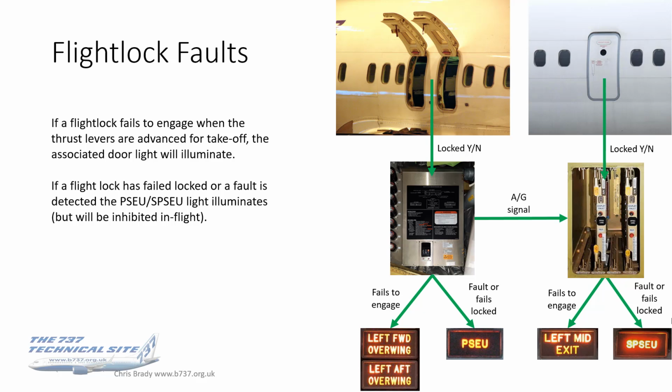If a flight lock fails to engage when the thrust levers are advanced for takeoff, the associated door light will illuminate. I'm sure we've all seen this in our 737 careers more than once. If a flight lock has failed locked or a fault is detected, the PSEU or SPSEU light illuminates but will be inhibited in flight.